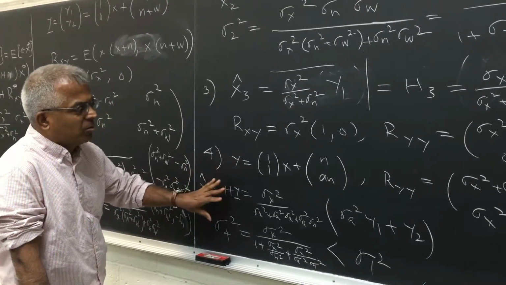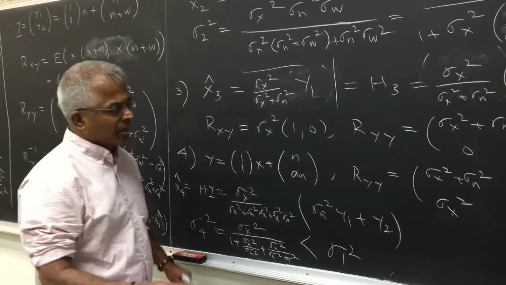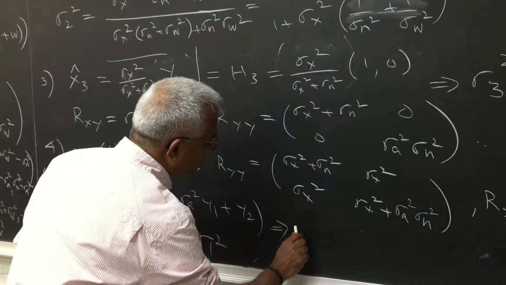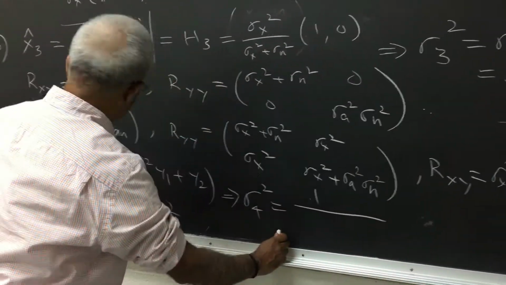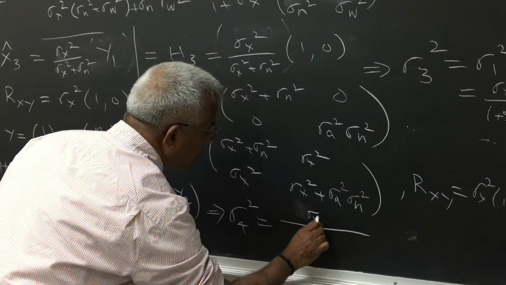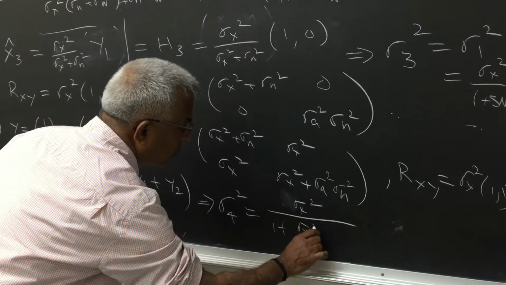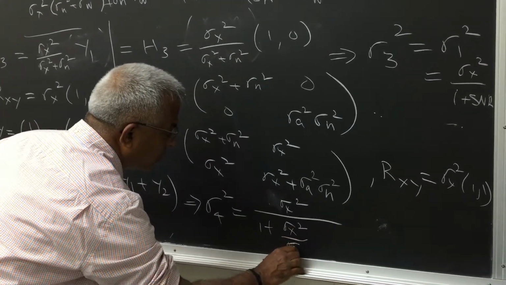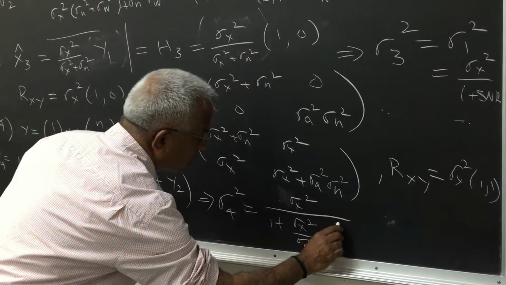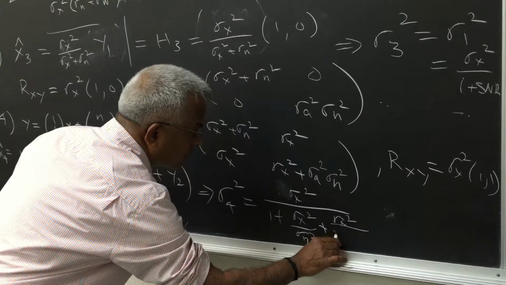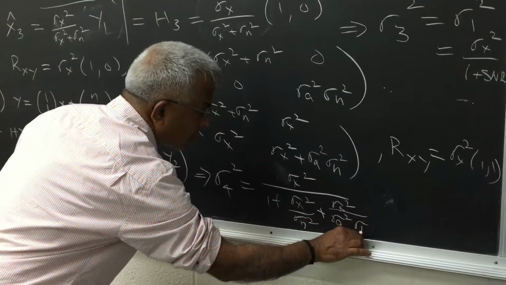So even this estimator is superior to, I'll rewrite it here, sigma 4 squared, which is sigma x squared over 1 plus sigma x squared over sigma n squared plus another constant, which turns out to be sigma x squared over sigma a squared sigma n squared.